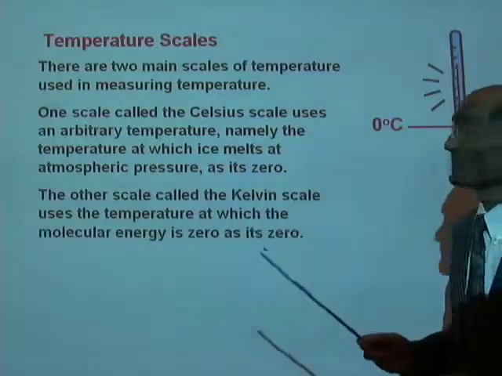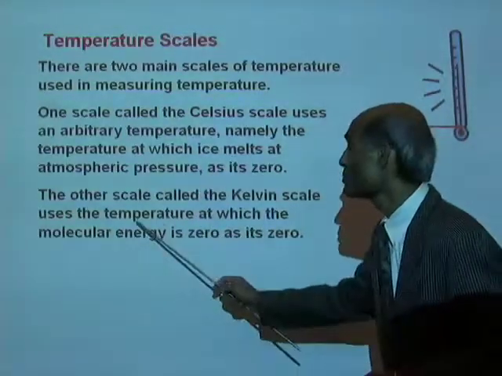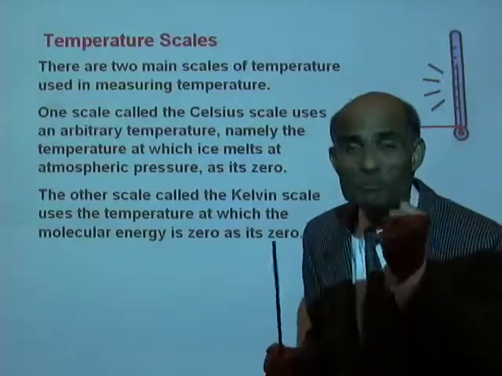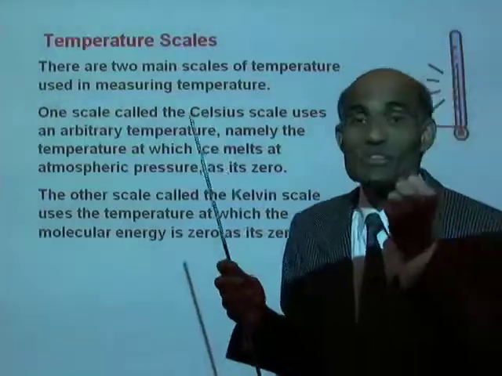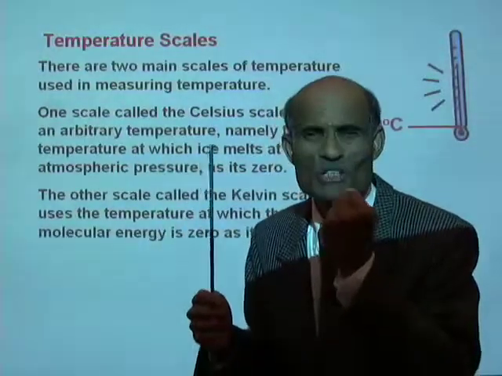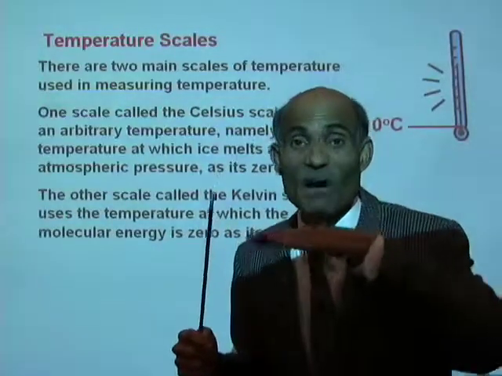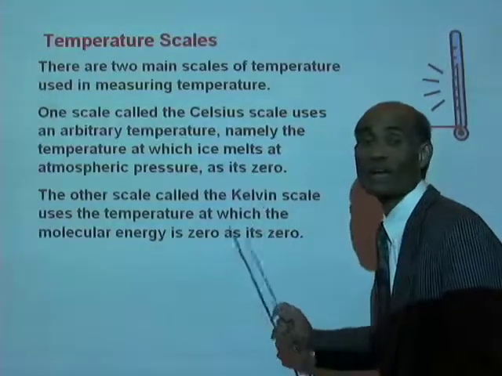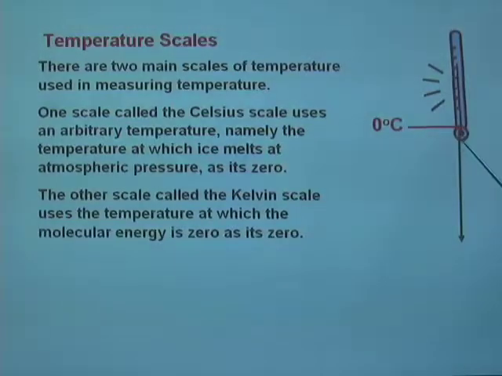melting ice. On the other scale, called the Kelvin scale, we use a temperature at which the molecular energy is absolutely zero. In other words, the internal energy of the molecules is absolutely zero. If you can reach that state, that will correspond to 0 Kelvin. So, in order to reach that, you have to go down a lot from 0 degrees Celsius.